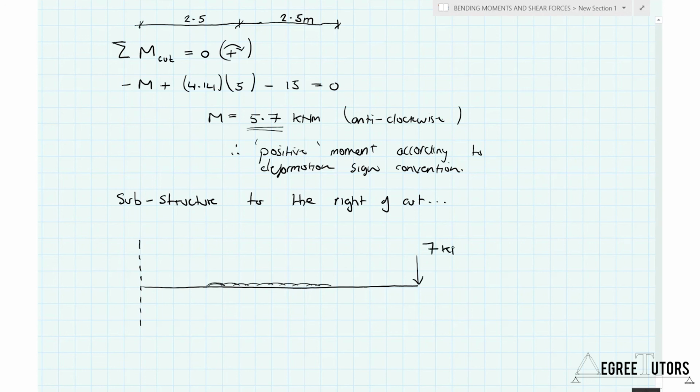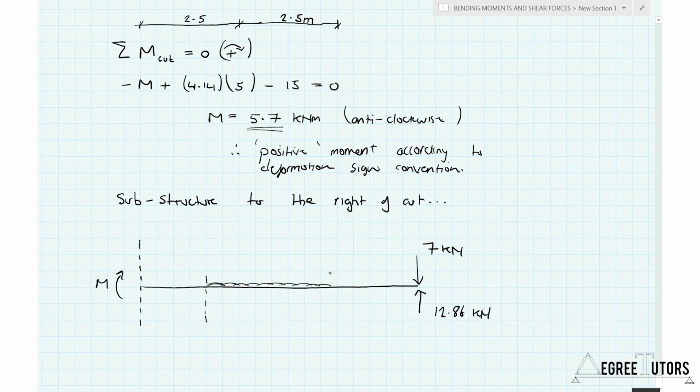So we've got a 7 kilonewton point load on the very far end. That's directly over the reaction, which we found to be 12.86 kilonewtons in a previous example. We have got our internal bending moment that is revealed, and I'll by default draw it in its positive direction as per the deformation sign convention.